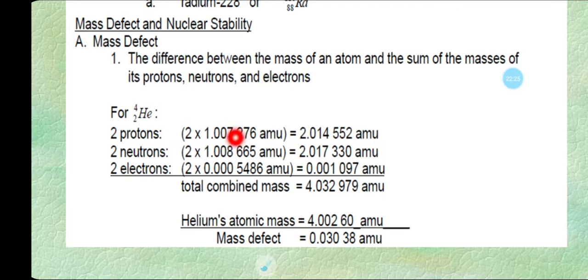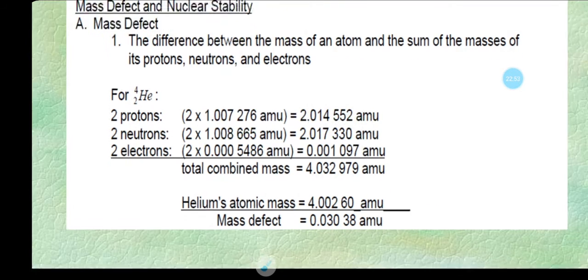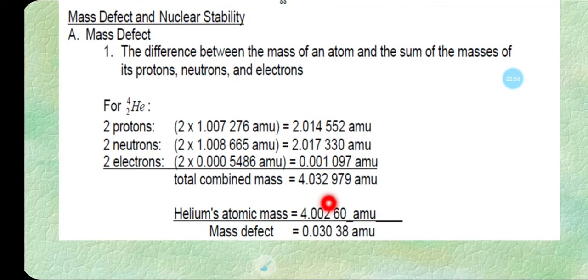Multiplying by 2, the masses in atomic mass units are 2.014, 2.017, 0.001097 AMU. The total combined mass of the protons, neutrons and electrons present in helium is 4.032979 atomic mass units.